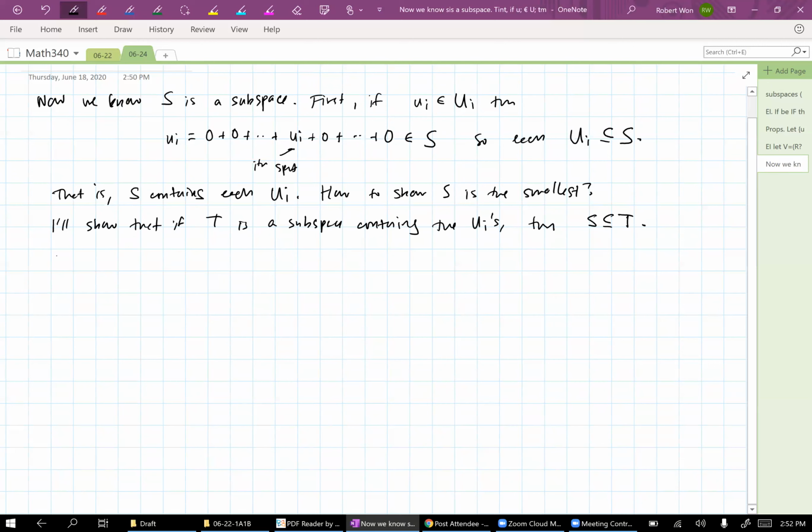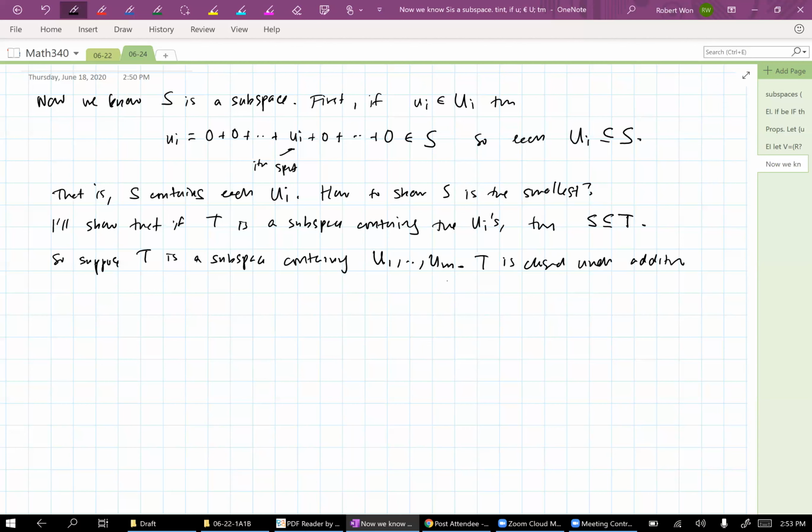So to this end, let's suppose that T is a subspace containing all of the U_i's. Since T is a subspace, it's closed under addition. If it contains all of the U_i's and it's closed under addition, it means that it contains every possible sum of elements from each of the U_i's, which means that it contains S, right?